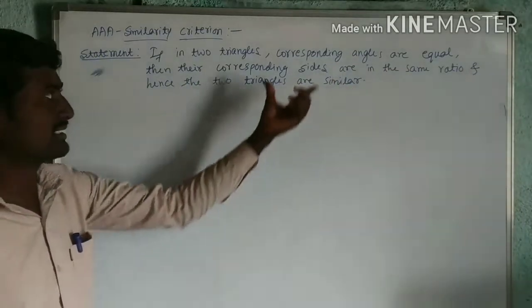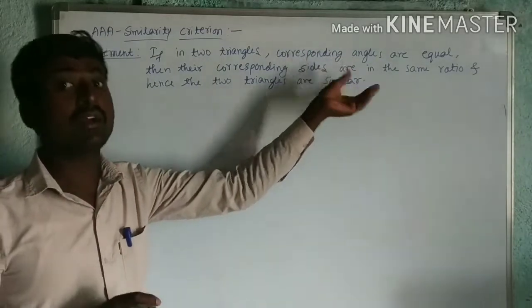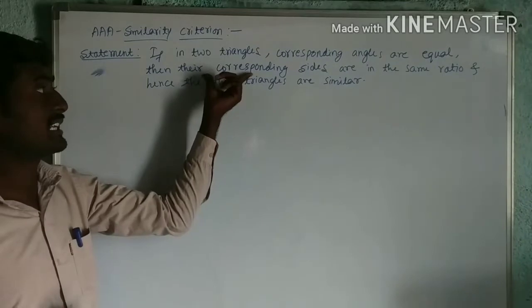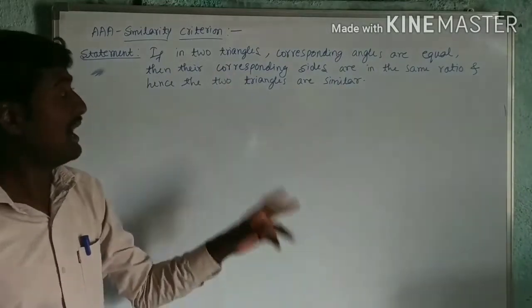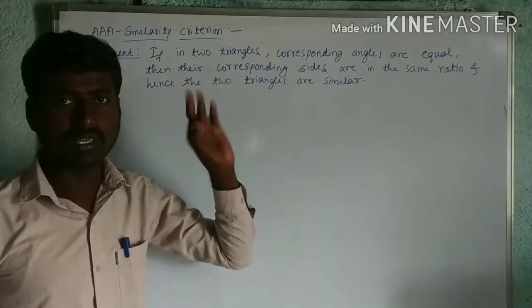So this is the given condition. What they have given: corresponding angles of two triangles are equal. We have to prove that their corresponding sides are in the same ratio, and hence the two triangles are similar.